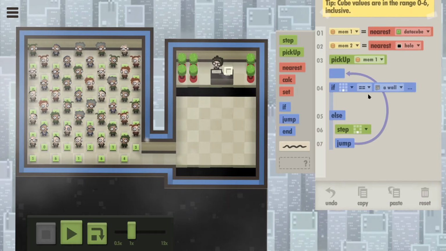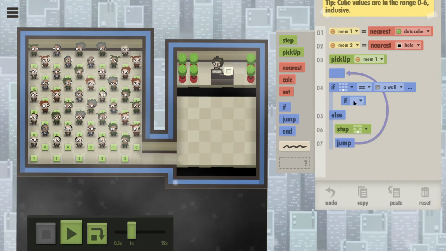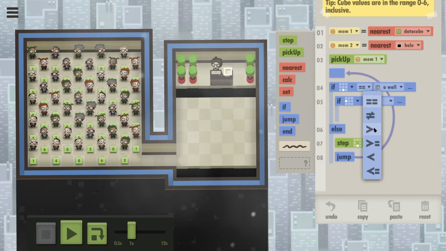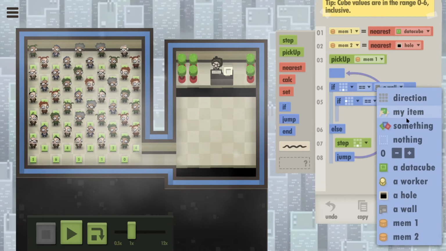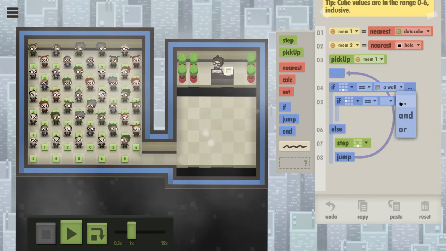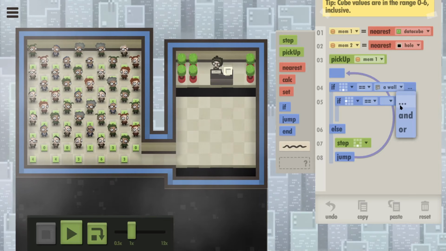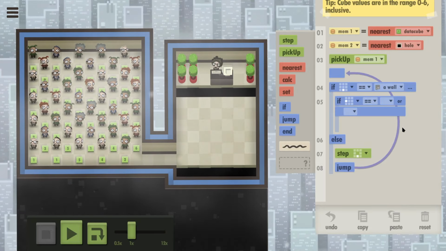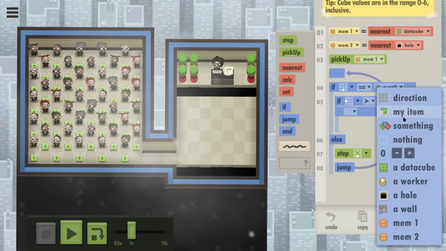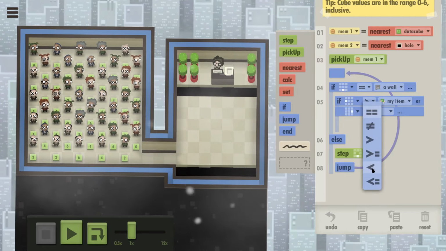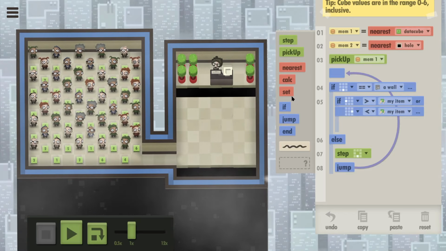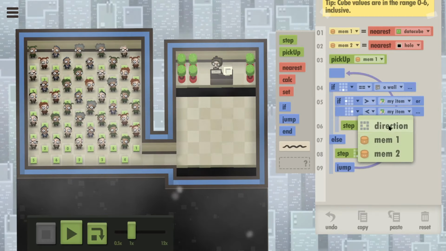Okay, so if it equals a wall, if this person to your left is less than my item, or they're greater than my item, step left.